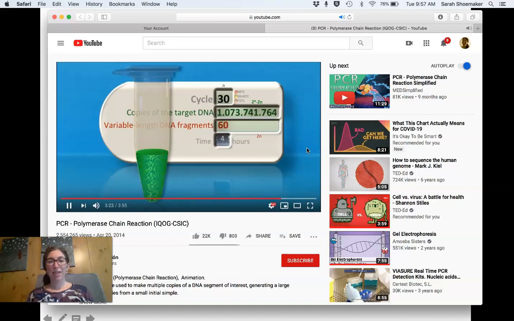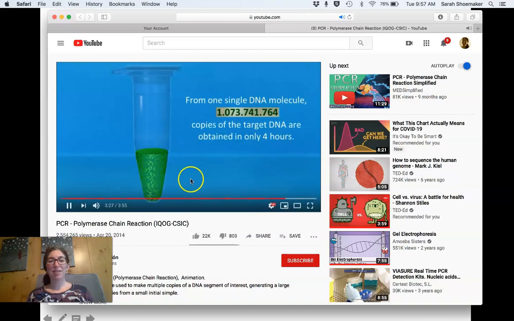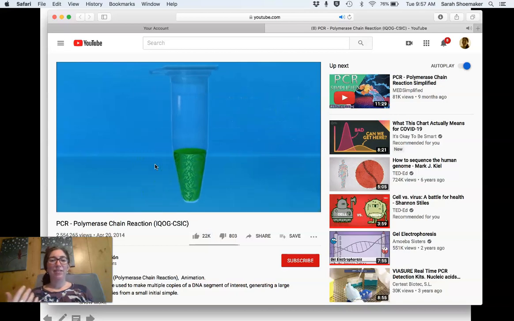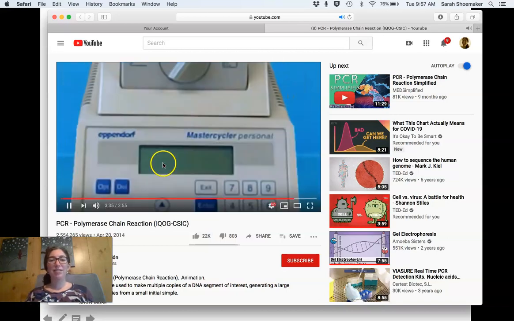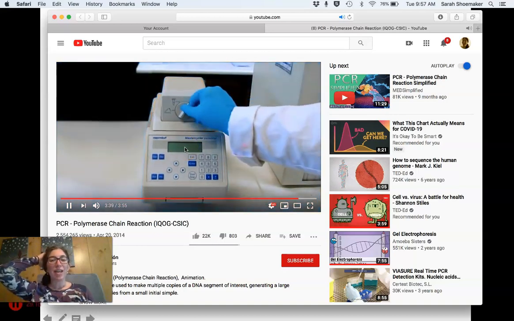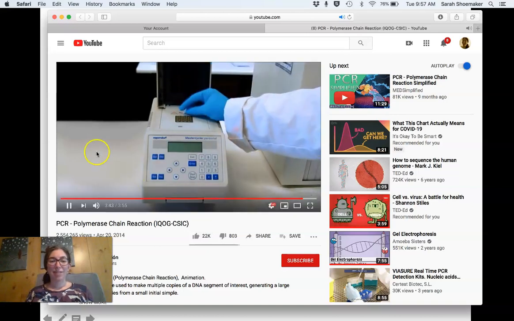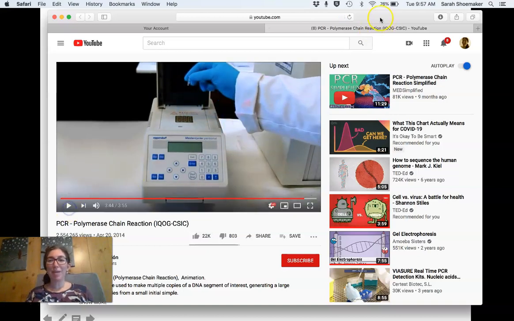And after 30 cycles, you have 1 billion. More than 1 billion pieces of that DNA. And then you can easily visualize that on gel electrophoresis, or sometimes you can add some fluorescent indicator and then say you have a positive test. Magic of PCR.